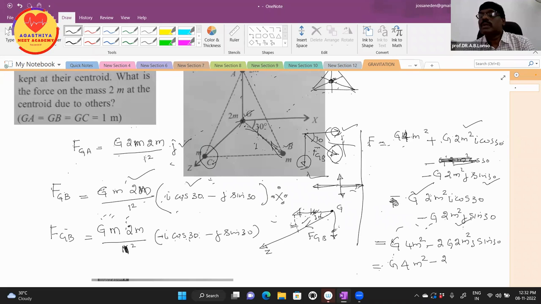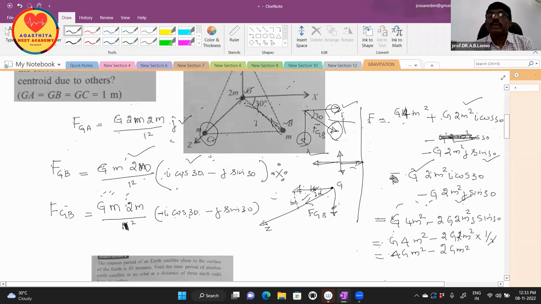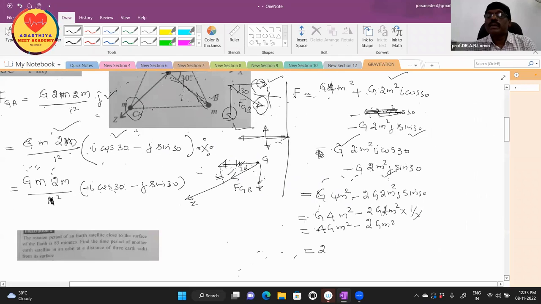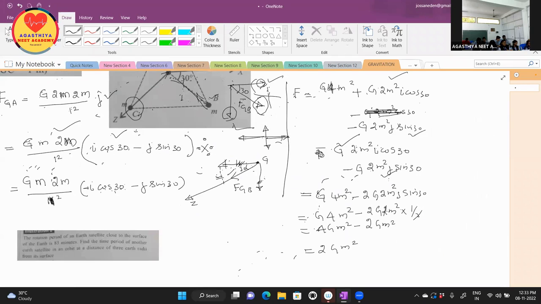Minus 2 G 2m squared, 1 by 2. The 1 by 2 gets cancelled. That is 4 G m squared here, minus 2 G m squared. Therefore, finally, what is that? 2G. That's all.